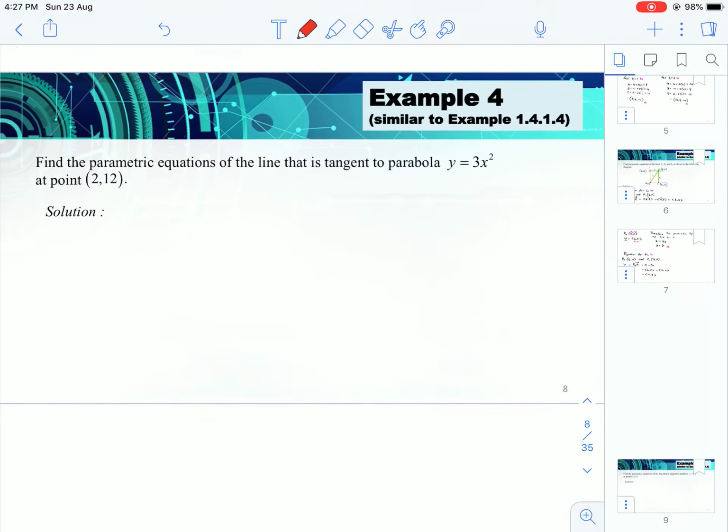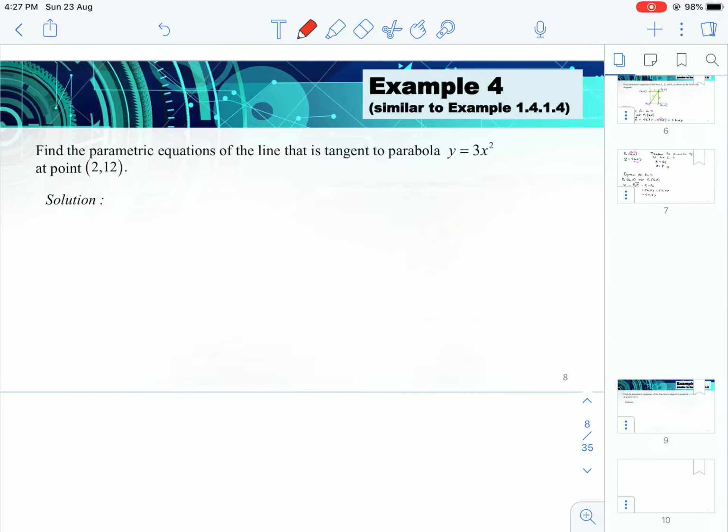Okay, example 4. Find the parametric equations of the line that is tangent to the parabola y equals 3x squared. So now, first we need to find the tangent.